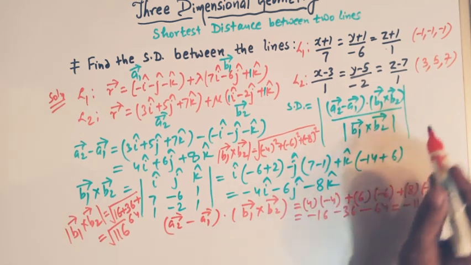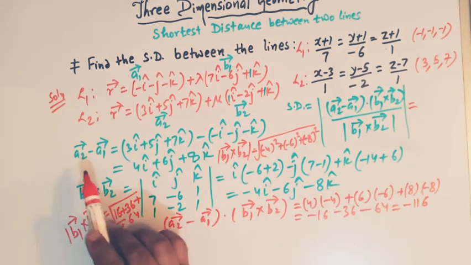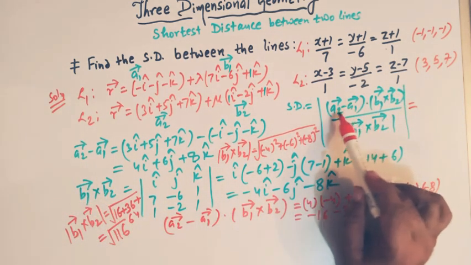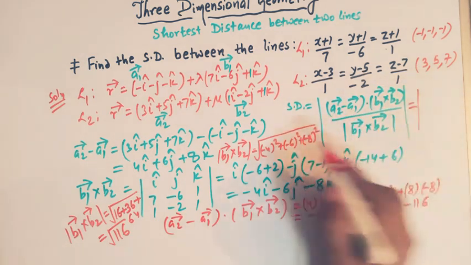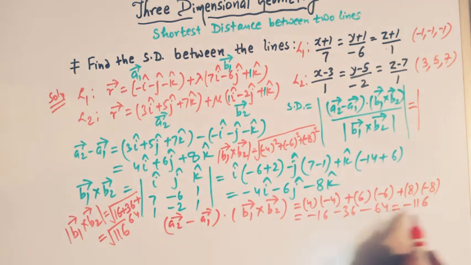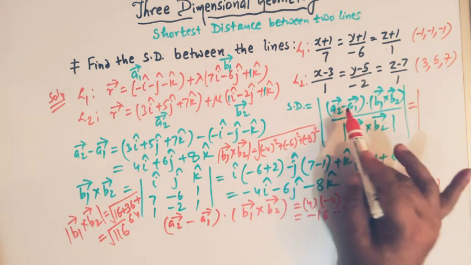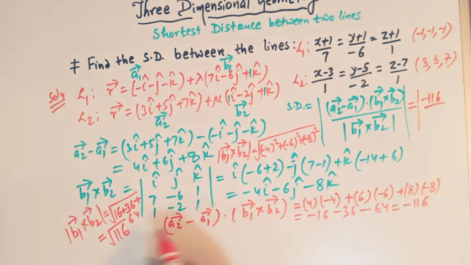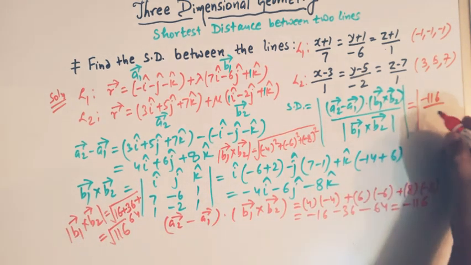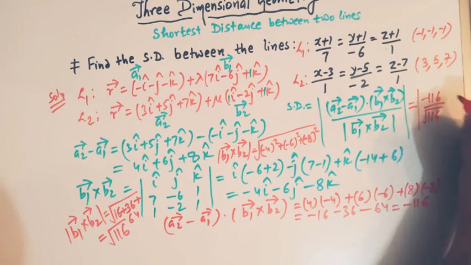Now we have obtained the values of these expressions, so let us substitute here. So the shortest distance is given by: the dot product of these two vectors is minus 116, and the magnitude of this vector is square root of 116.